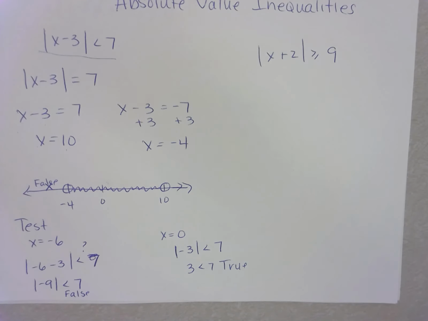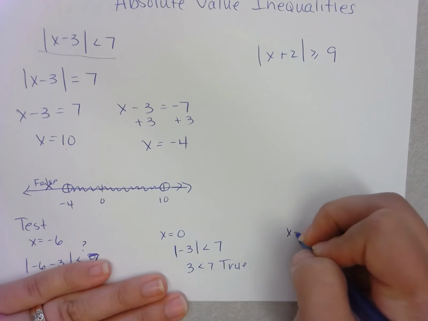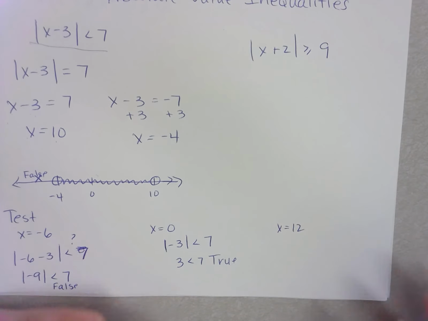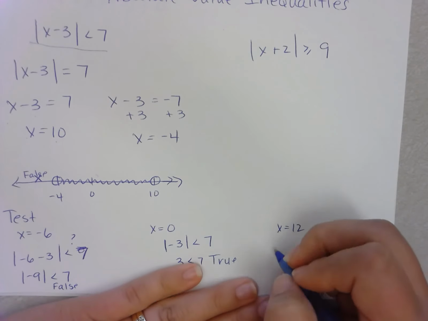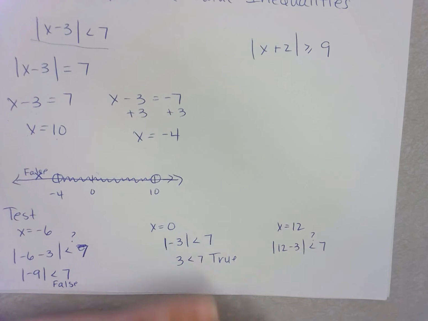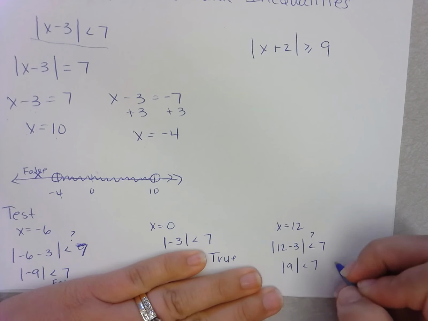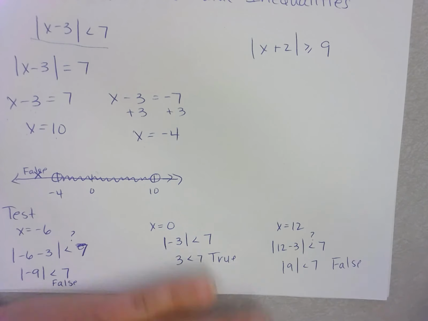Okay? So now the last thing I can check is a number that's bigger than 10, so let me try 12 for instance. I can pick any number bigger than 10, just not 10. So I have the absolute value of 12 minus 3 is less than 7. I'm looking, is that true? And I get the absolute value of 9 is less than 7, which is a false statement, right? 9 is definitely larger than 7.